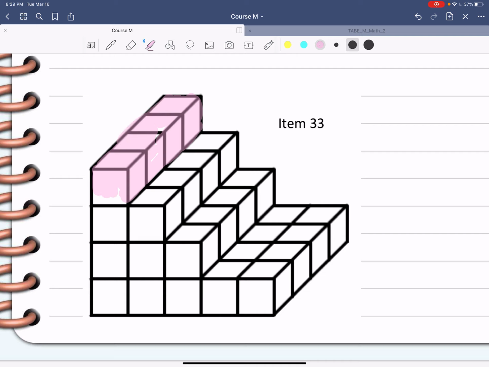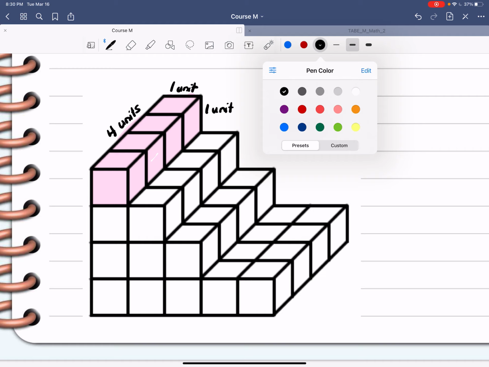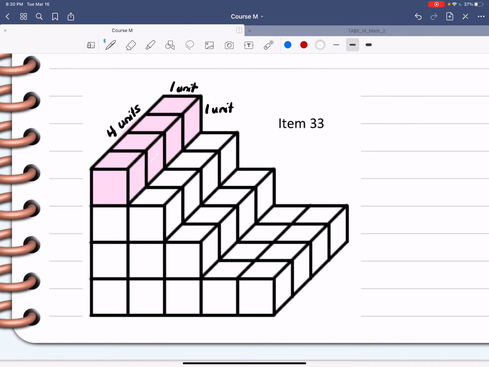Let's focus on this top row. Okay, this top row is 4 units this way, 1 unit this way, and 1 unit this way. So that volume, bear with me a second, I need this space. What is the volume just of that part that I colored?